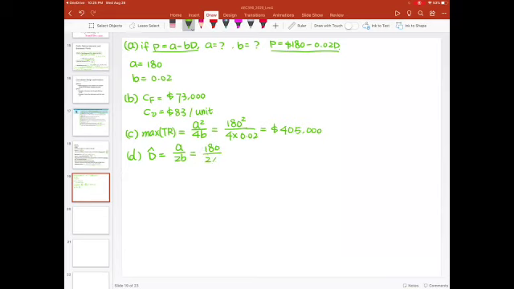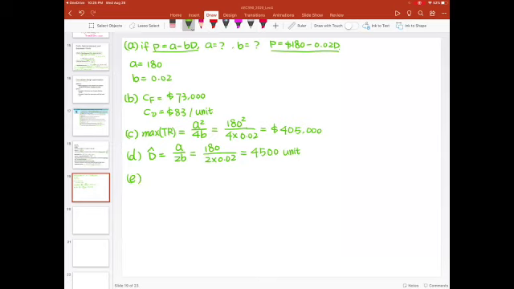A is 180, B is 0.02. Okay, and if you calculate, it's 4500 units, which means if you sell 4,500 units, you can reach your maximum total revenue.